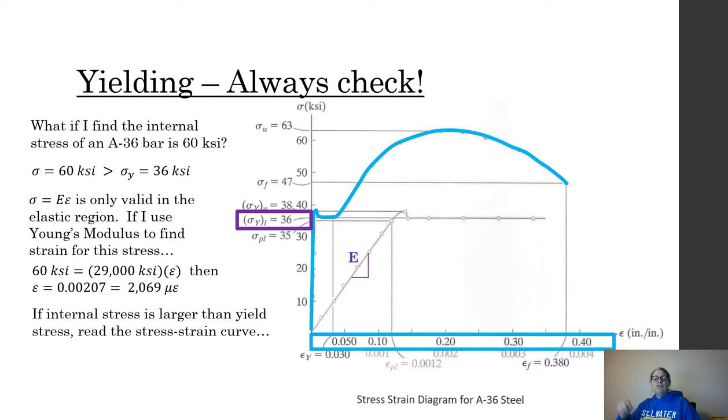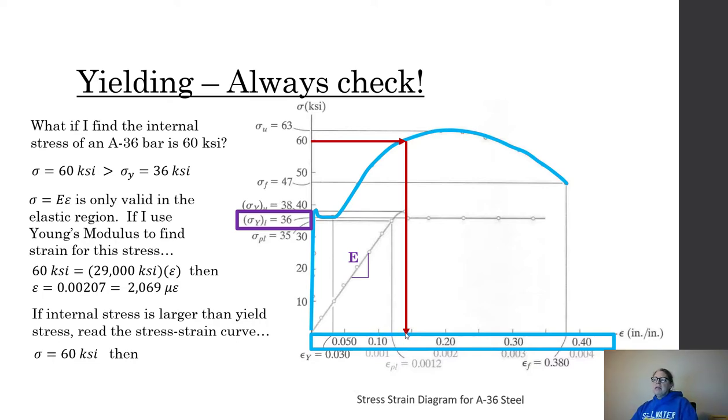So I can go to a stress strain curve like this, and I can find where my stress equals 60, and I can come over to the overall stress strain diagram at 60, and then I can draw down and guesstimate. I see a 0.1 and a 0.2. 0.15 has to be this little click right here in the middle.